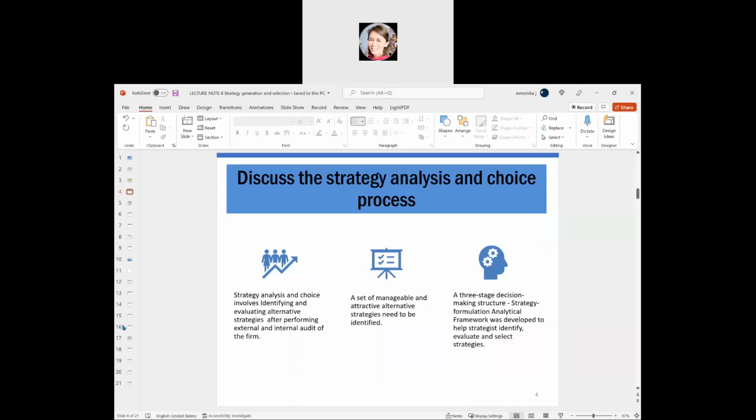Okay. Now, in assignment 1, you analyzed a firm and assembled the vision and mission statement. This is normally the initial part of analyzing strategies. What follows is performing the internal and external audit. And after the audit is followed by a three-stage decision making.